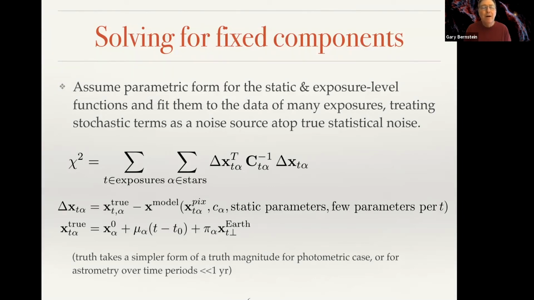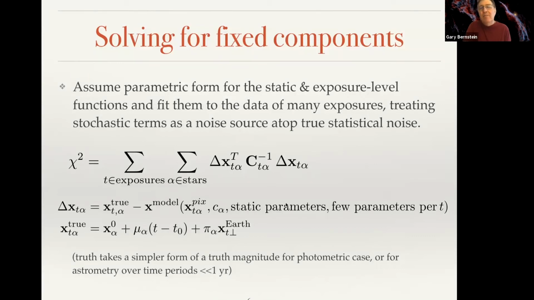Okay, so this model is going to be, if you look at the second line here, a function of, here I'm writing this for astrometry, but you can write parallel equations for photometry, where the x's are magnitudes here instead of positions. But anyway, in this, T is an index over exposures, alpha is an index over stars, or what Rubin people would call objects, right? And C is a color.